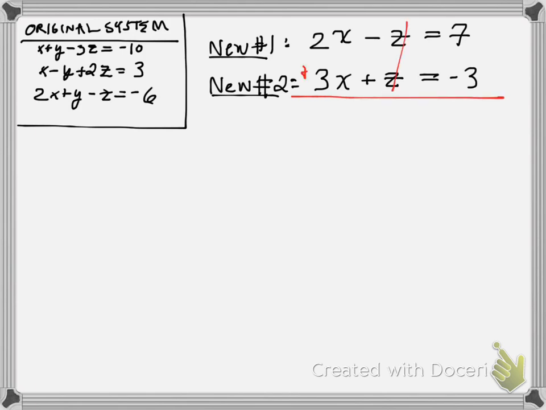So when I add, the negative z, positive z cancels, I get 5x is equal to 4. Is that right? Oh, this 7 is supposed to be a negative 7. Sorry about that.